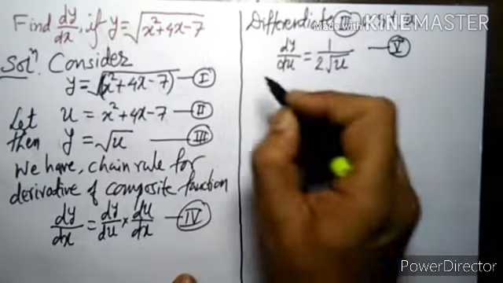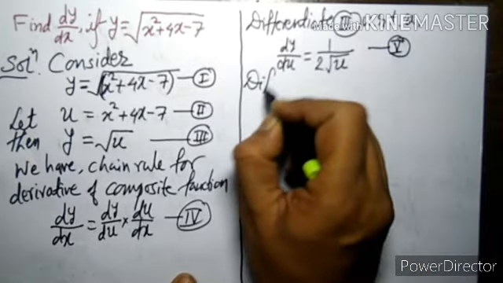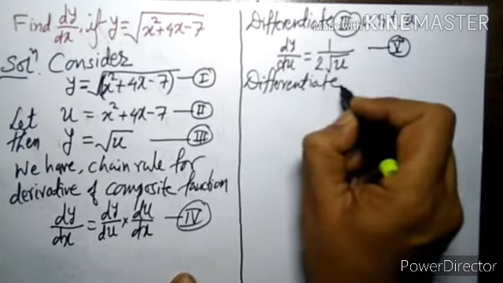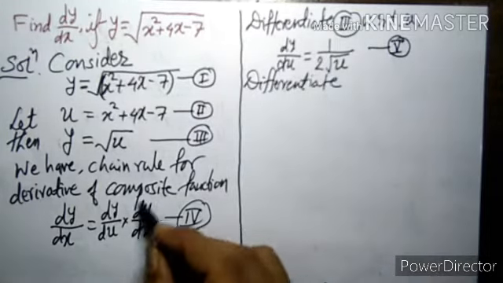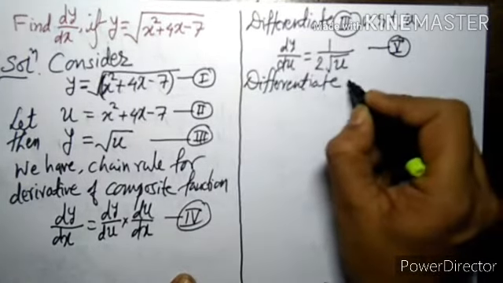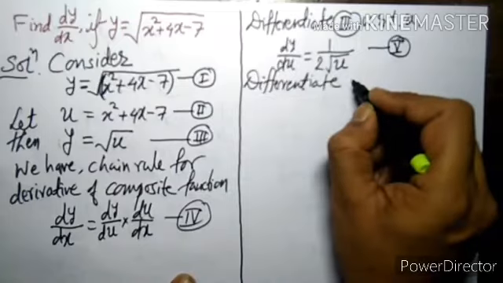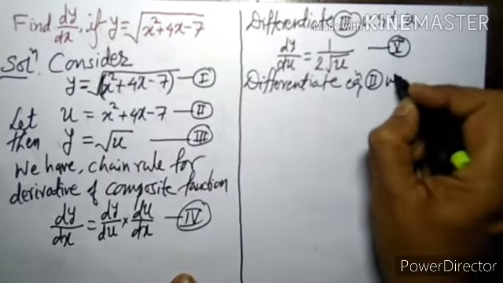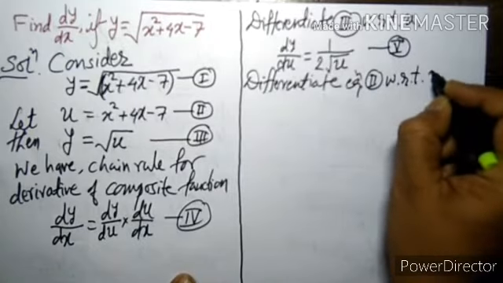And also we will differentiate to find the second term, du by dx here. This equation 2 with respect to x.